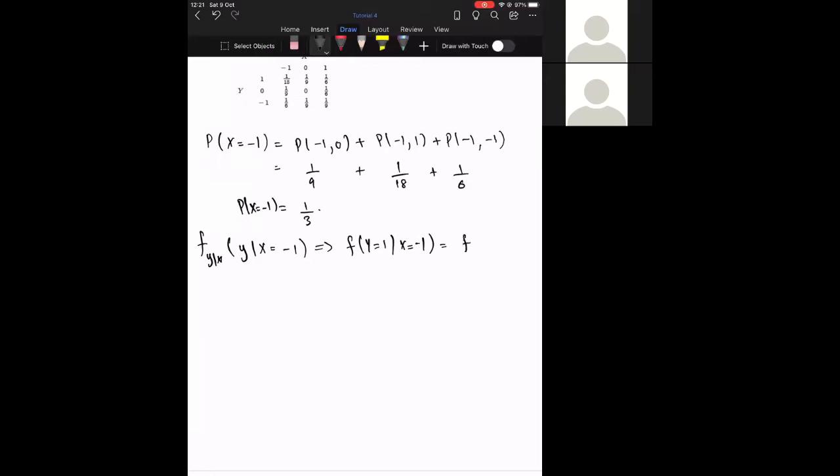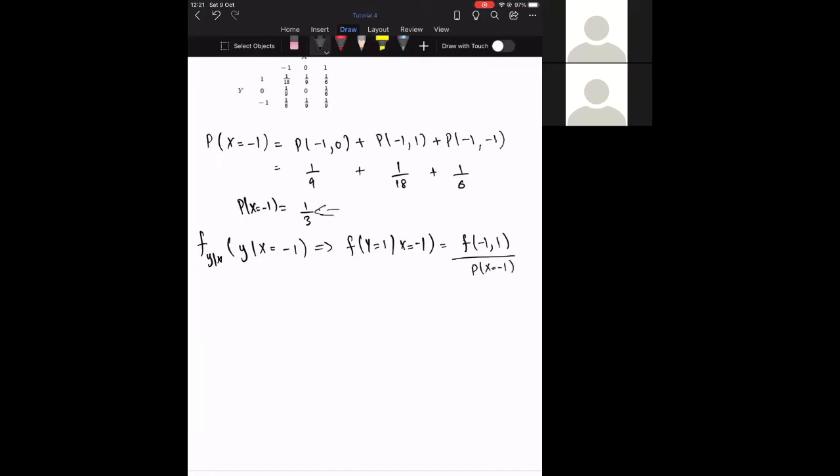So here, x is -1 and y is 1 divided by the probability that x is equal to -1. We calculated the probability of x equals -1 as 1/3.